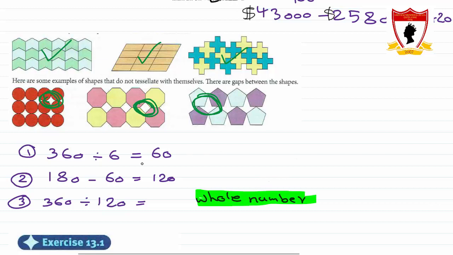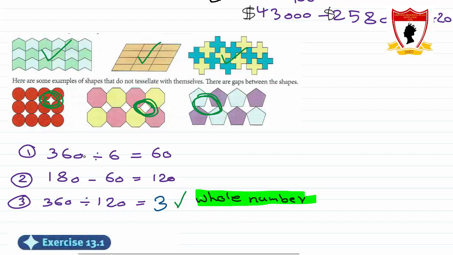Let's continue on the hexagon. 360 divided by 120 is equal to 3. As you see, it's a whole number. It means hexagon could be tessellated. Hexagon is tessellation. But if you do the same thing for pentagon, you see a decimal here. It means it's not tessellation. You can do it yourself for octagon. Why can octagon not be tessellated?